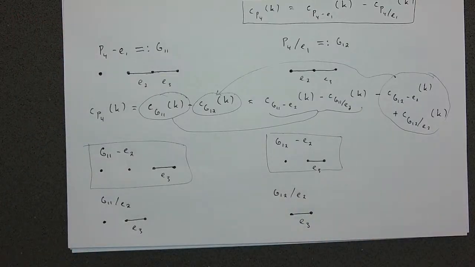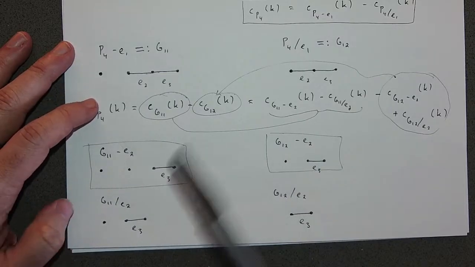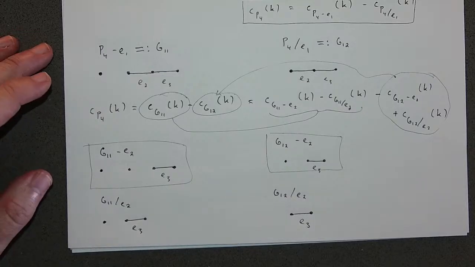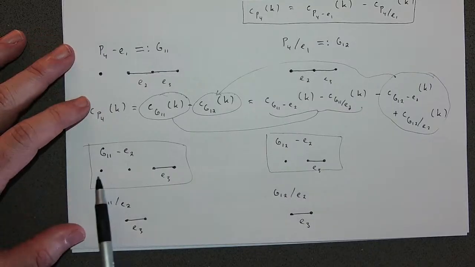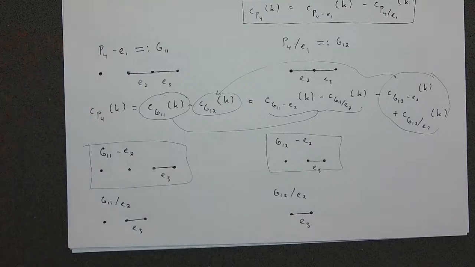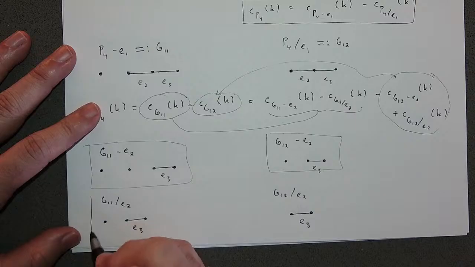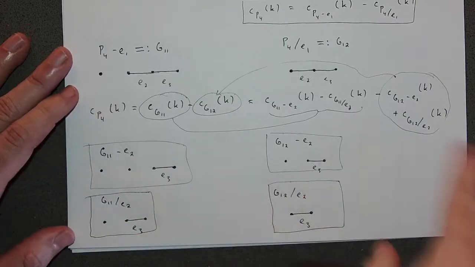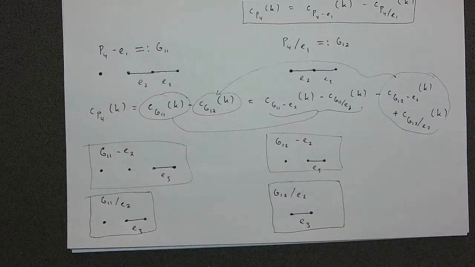You see how we're reducing this in a way that we're eventually going to terminate and be left either with a single vertex, where it's obvious how many colorings there are, or a bunch of disconnected vertices, where again it's going to be obvious how many colorings there are. So eventually this question is going to be obvious. We're going to reduce this into a bunch of pieces, and each piece is going to have an obvious number of distinct colorings. That's how this makes our life simpler.